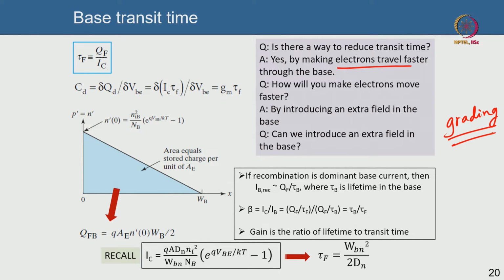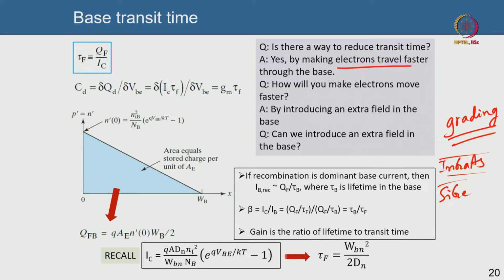Especially if the base is made of an alloy like indium gallium arsenide in a III-V semiconductor, or silicon germanium in a BiCMOS technology, then you can compositionally grade the band gap of the material such that there is an additional electric field in the base even at equilibrium, just because of grading.